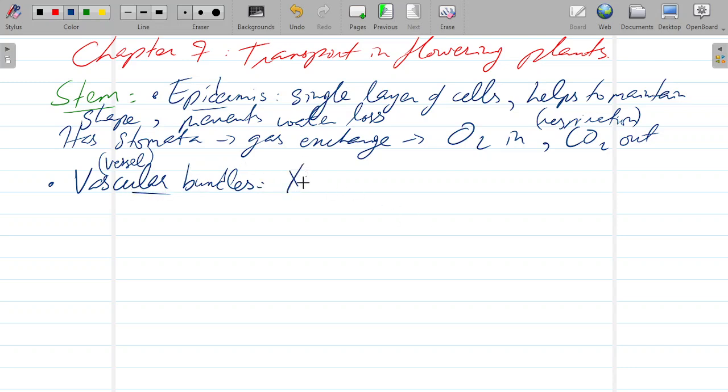And so you have the xylem that transports water and dissolved mineral salts.